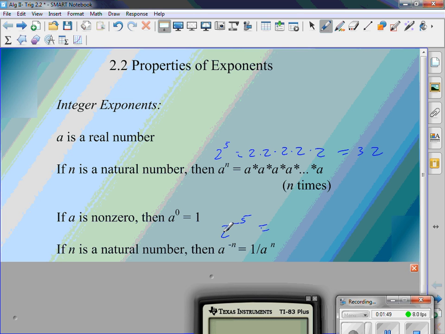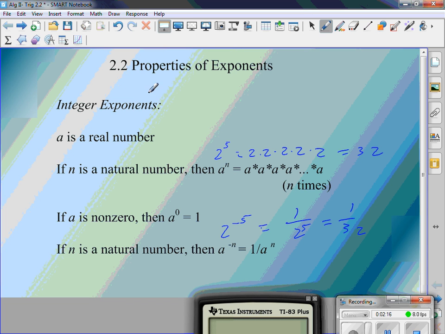So instead of 2, it now becomes 1 over 2 to the 5th. And what's 2 to the 5th? We already said 2 to the 5th is 32, so it's 1 over 32. All that a negative exponent does is make it a fraction. Instead of being 32, it's 1 over 32. These are the basics.